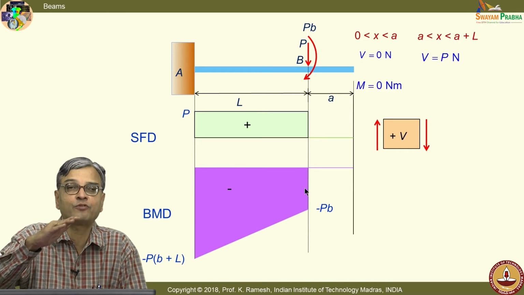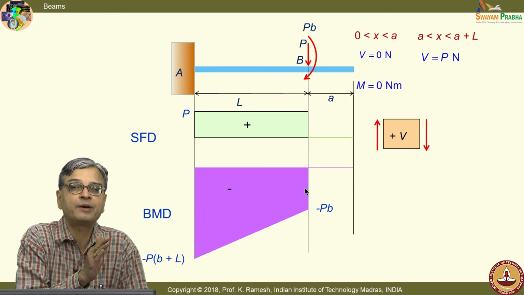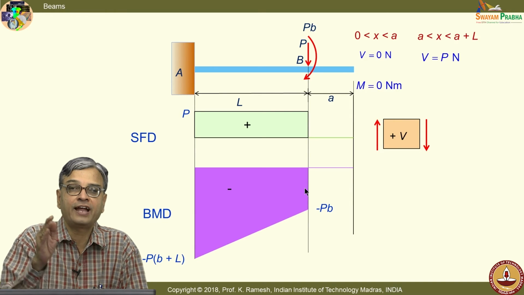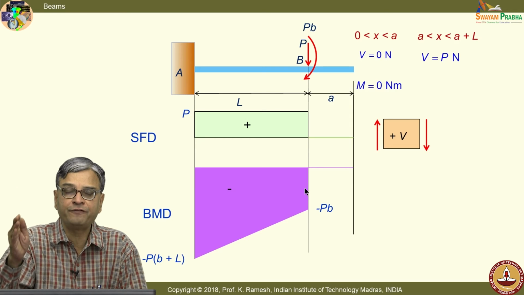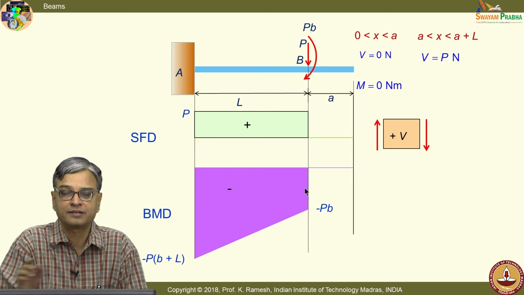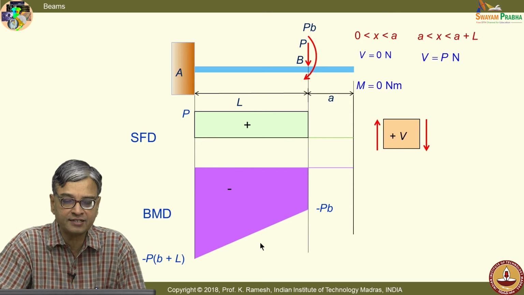We saw that when I had only a bending moment for the entire beam, the bending moment remained constant. And if I had only a shear force, it gave me a linear variation of the bending moment. So, what I see here is nothing but the addition of these two.